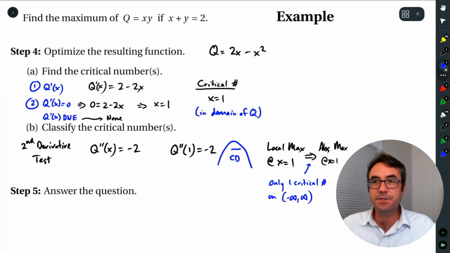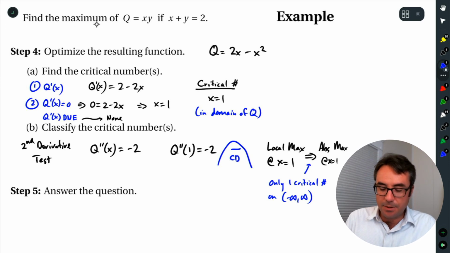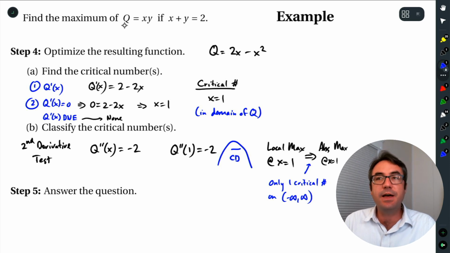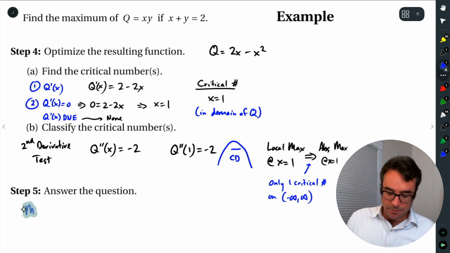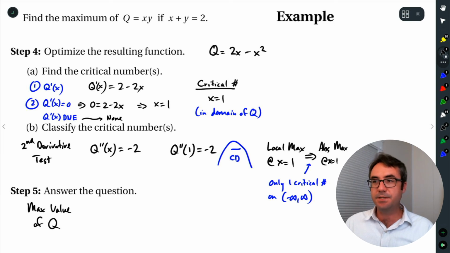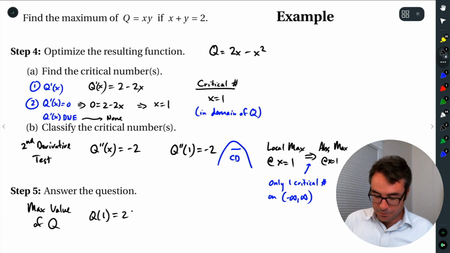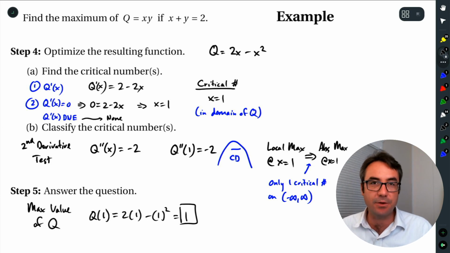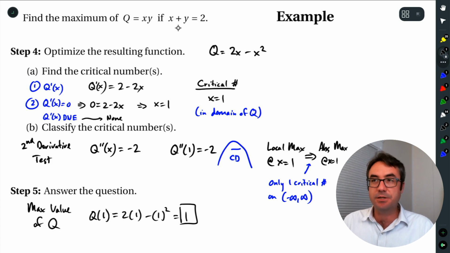For our purposes, we want to find the maximum value of this function. So let's take x equals 1 and plug it into our function. What do we get? q of 1 is equal to 2 times 1 minus 1 squared, which is 2 minus 1, or 1. So this is the absolute largest value of our function subject to this constraint.